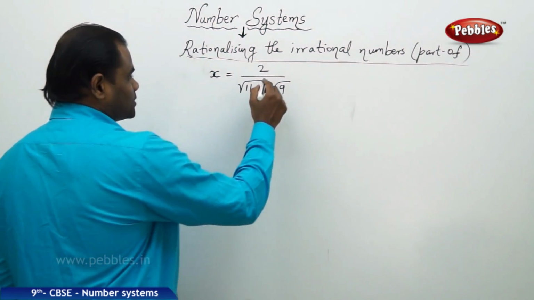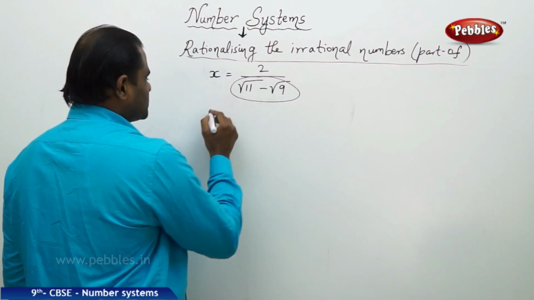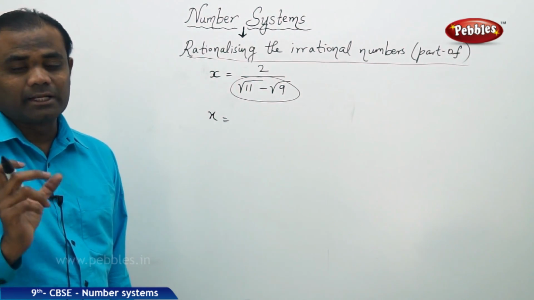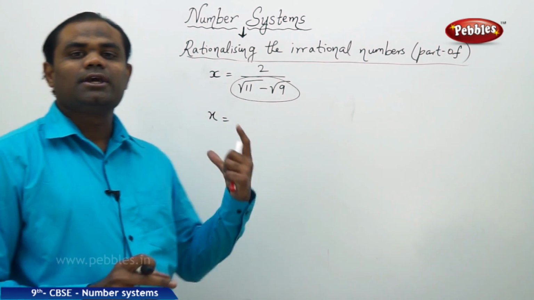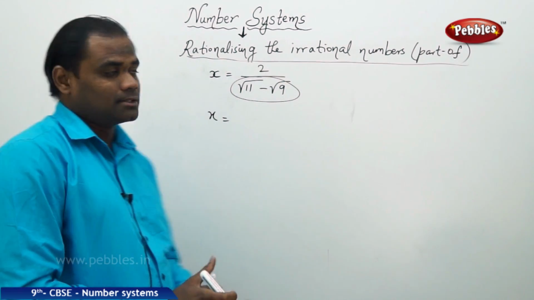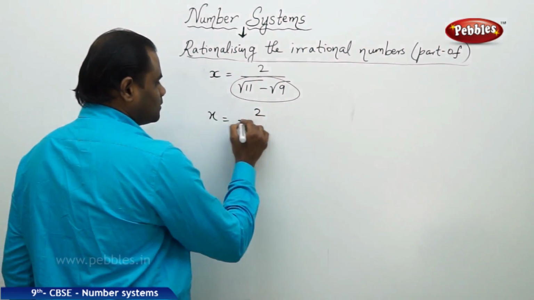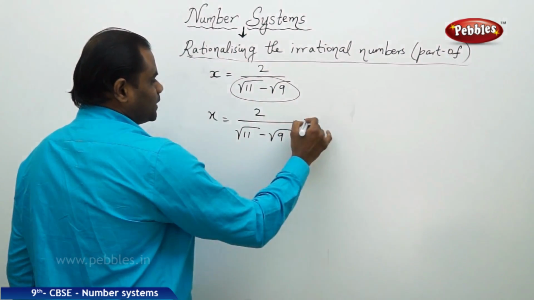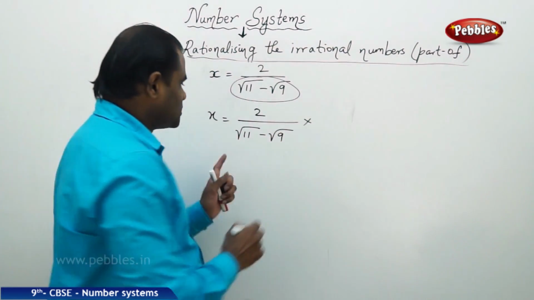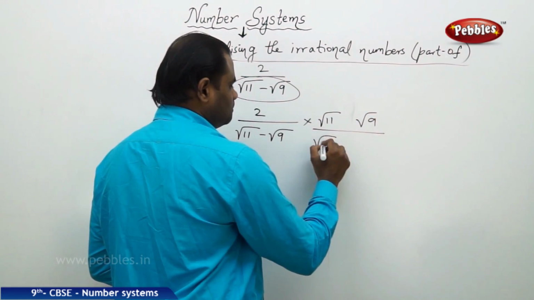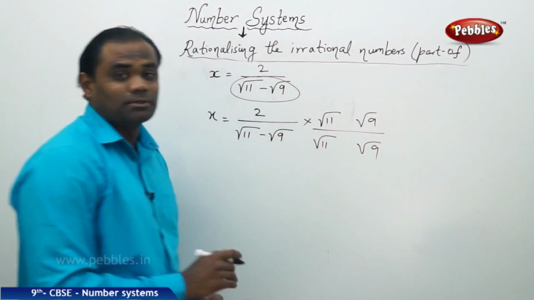In order to rationalize this denominator, the concept in the case of two added or subtracted numbers is that I multiply and divide by the same numbers with the opposite sign in between. That is, when I have 2 by root 11 minus root 9, I multiply and divide with the same irrational numbers but with the opposite sign.